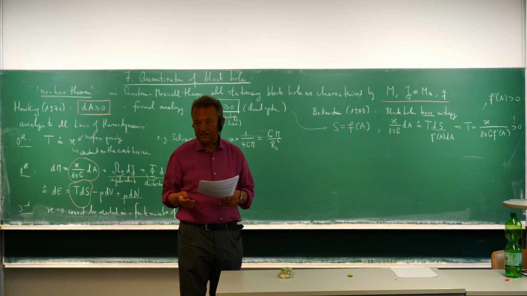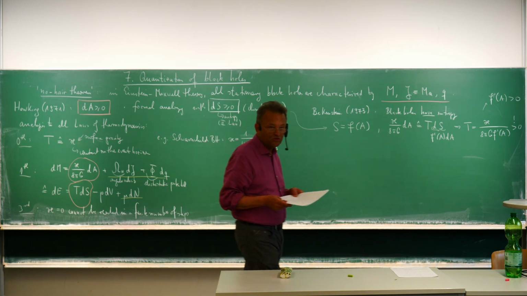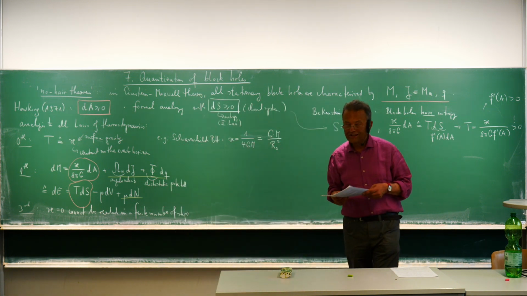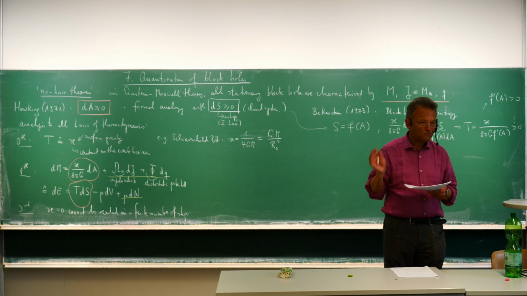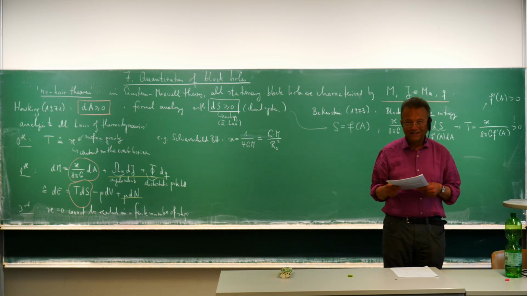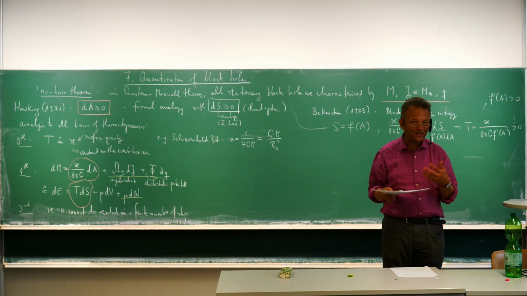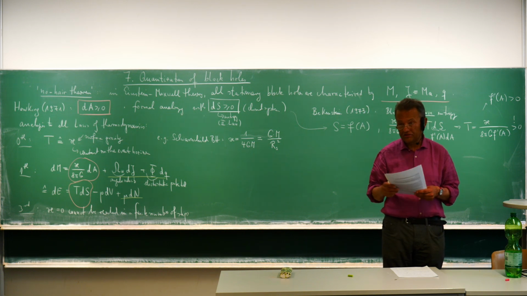But there are also Gedankenexperiments that Bekenstein made, so it's still entertaining to read these now more than 50 years later, like the Gedankenexperiment that Sadi Carnot, for example, made for the Carnot engine. And he concluded that actually f should be linear in A, because otherwise you can violate the second law.